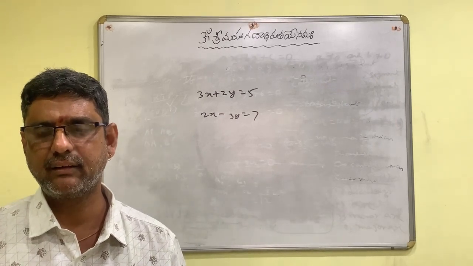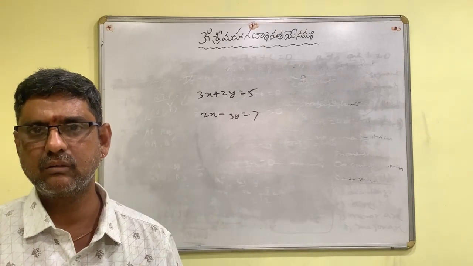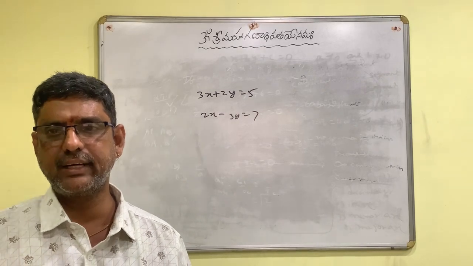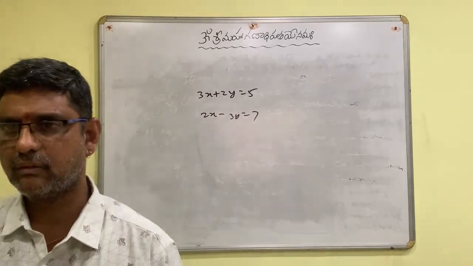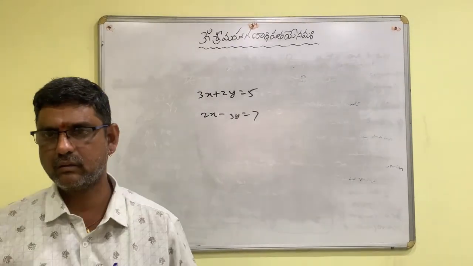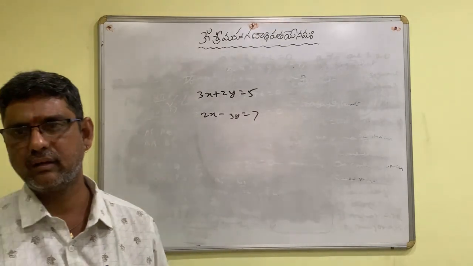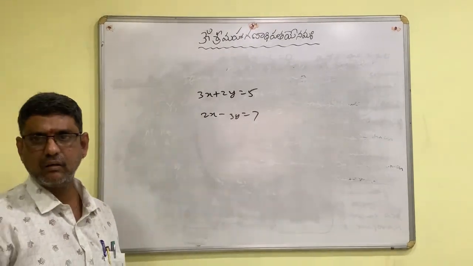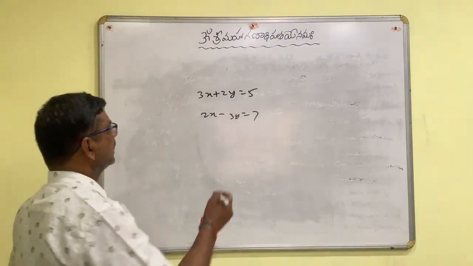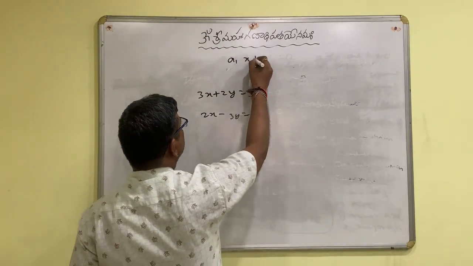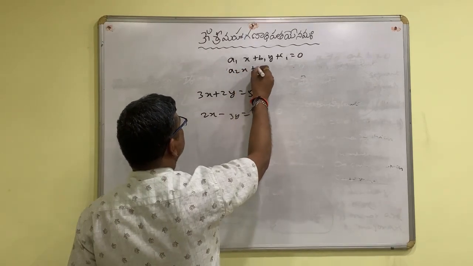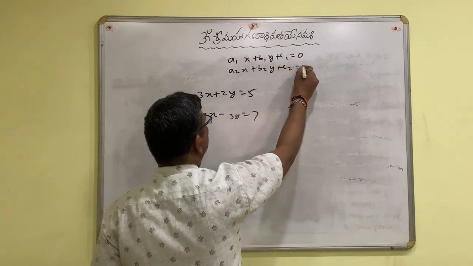5 by 7. Then what is c1 by c2? What is the form? a1x plus b1y plus c1 is equal to 0, a2x plus b2y plus c2 is equal to 0.